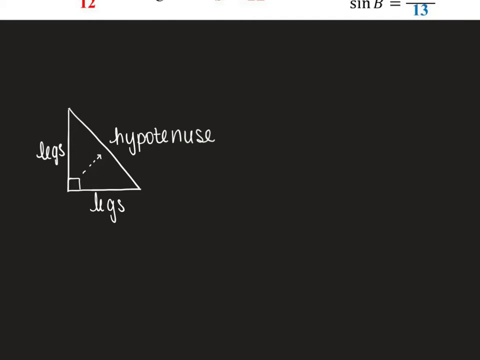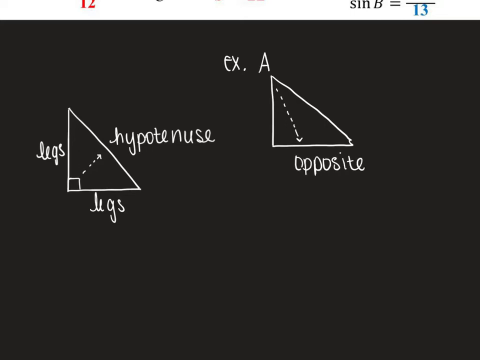So, for instance, if I'm looking at this triangle over here, this is a little example just to show you, and this is angle A. If I look across the triangle, this is my opposite side. Think of looking at a classroom across the hall. If I were looking at my adjacent side, that's the side that's connected to this angle.